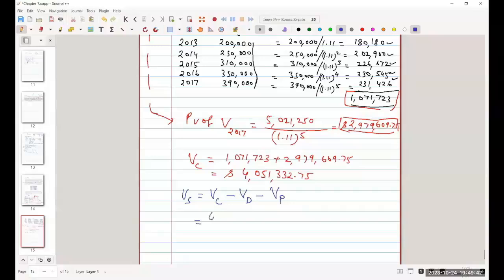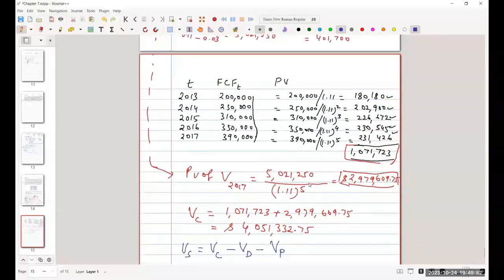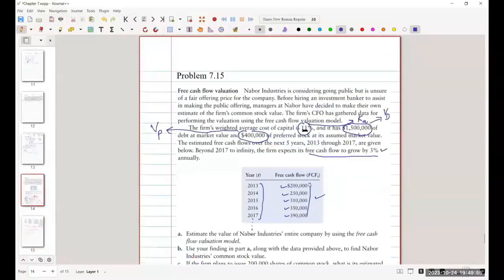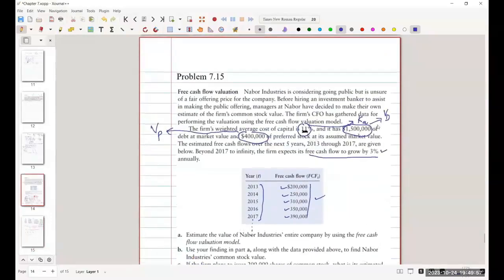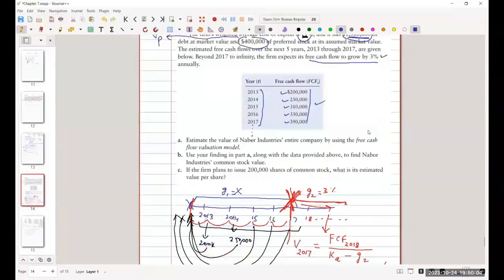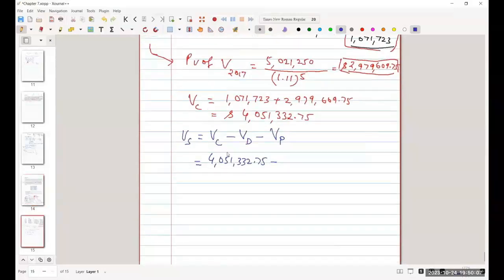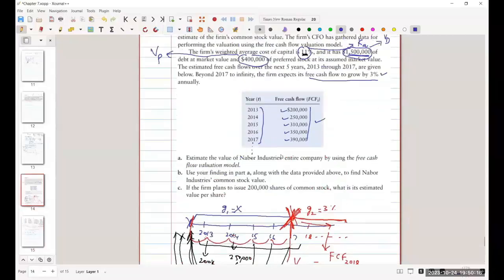So we'll pick up this 4,051,332.75 minus what was the value for the debt holders. Let's scroll back up and see. Value for the debt holders was here, $1,500,000. And from this, we need to subtract the value for the preferred stockholders, which was, let's check that again.